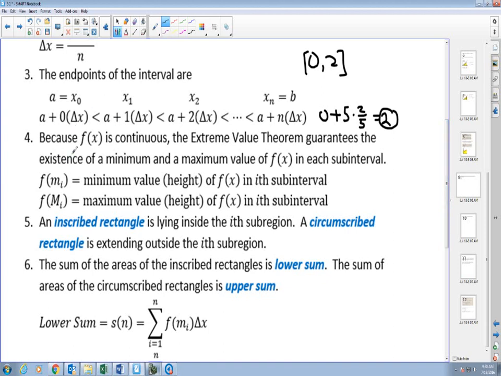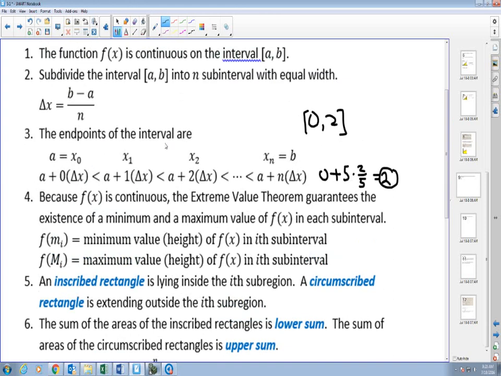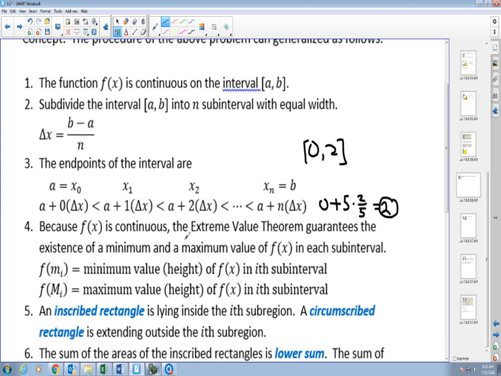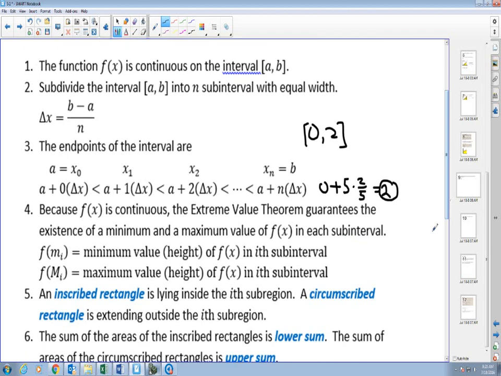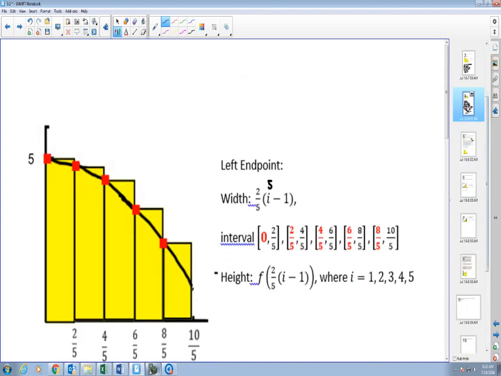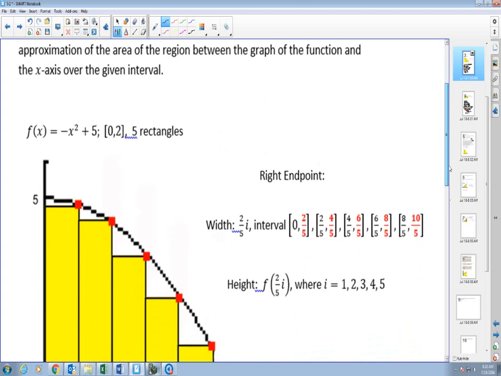Now, because f of x is continuous, like we talked about on number 1, the extreme value theorem guarantees the existence of a minimum and a maximum value of the function in each subinterval. Let's go to the left endpoint.